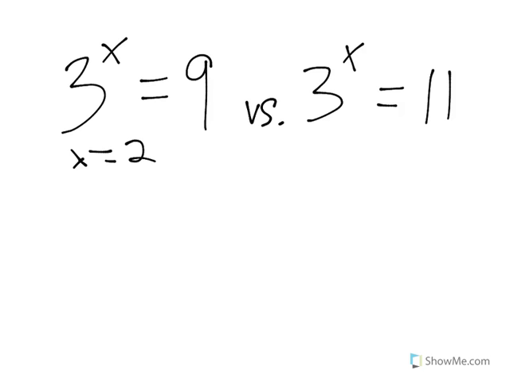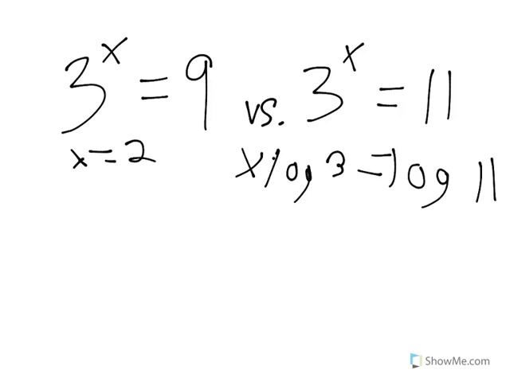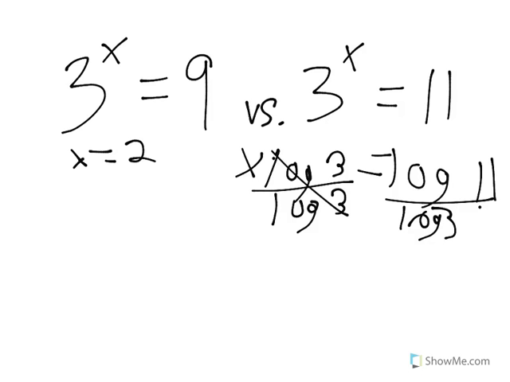Because you have to do log of 11 equals x log of 3, and then you divide by log of 3 over here. Then that cancels out, x equals this stuff, and then you get 2.182.